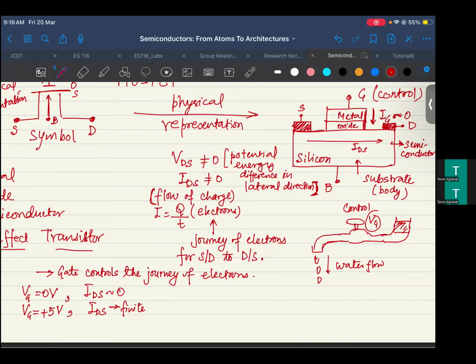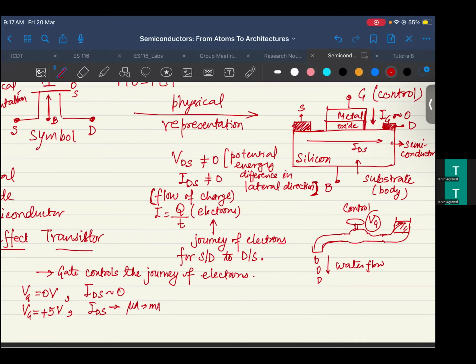Finite means it's much greater than 0, somewhere in microamps to milliamps. That is what we are talking about.